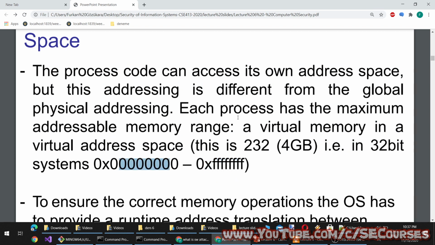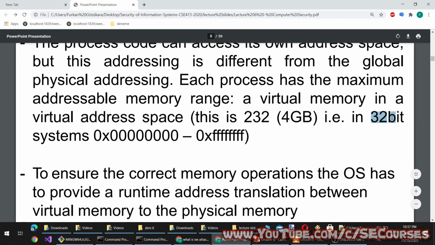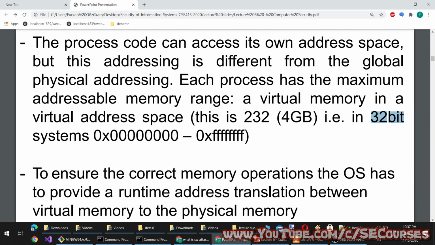Okay. In a 32-bit operating system, a single process can hold up to a maximum of 4 GB of data, because with 32 bits you can allocate a maximum of 4 GB of RAM memory. Okay.